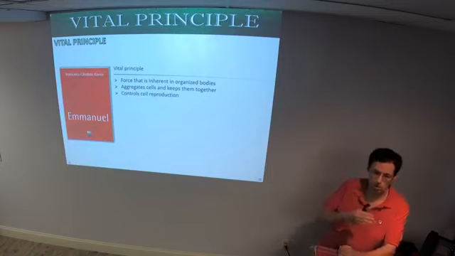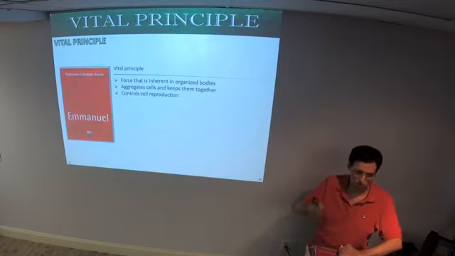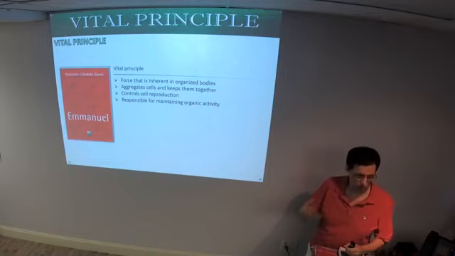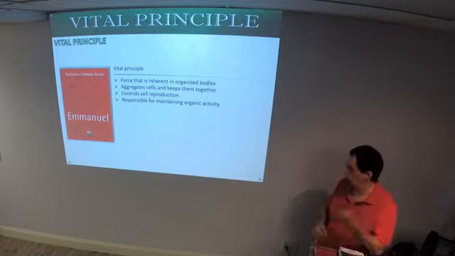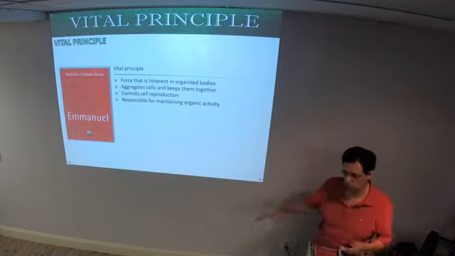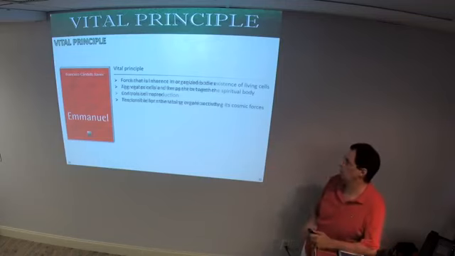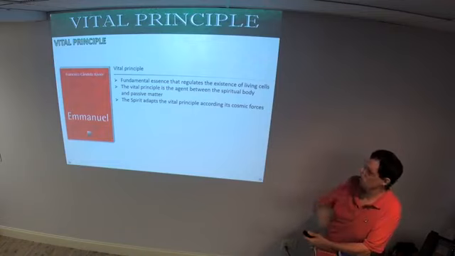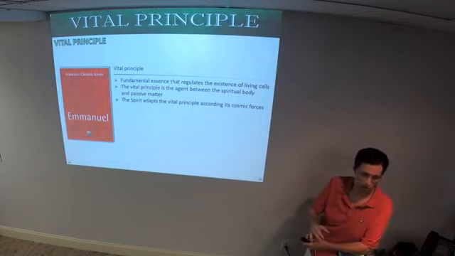It controls cell reproduction. That's done by the vital principle too. It's responsible for maintaining organic activity. That's how we get going. Okay? If there's no vital principle, that's it. We can't get going anymore. It is the fundamental essence that regulates the existence of living cells.